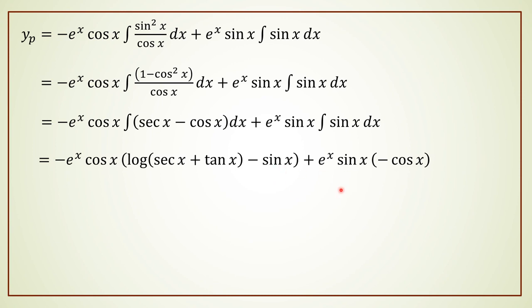Now just simplify the terms over here so that you have the particular integral of the given differential equation to be minus e power x into cos x log of secant x plus tan x. Hence, the complete solution of the given differential equation is just the sum of the complementary function and that of the particular integral.